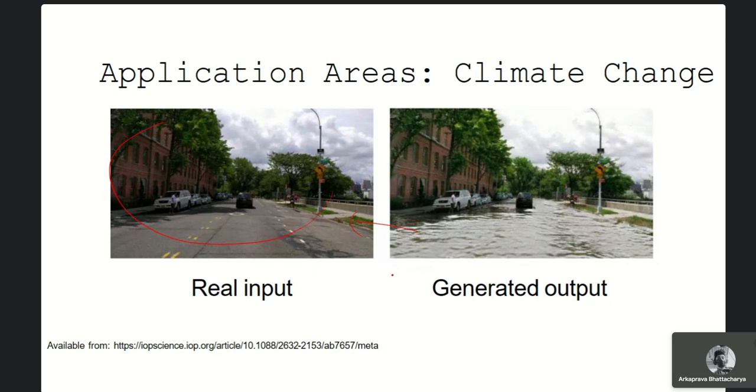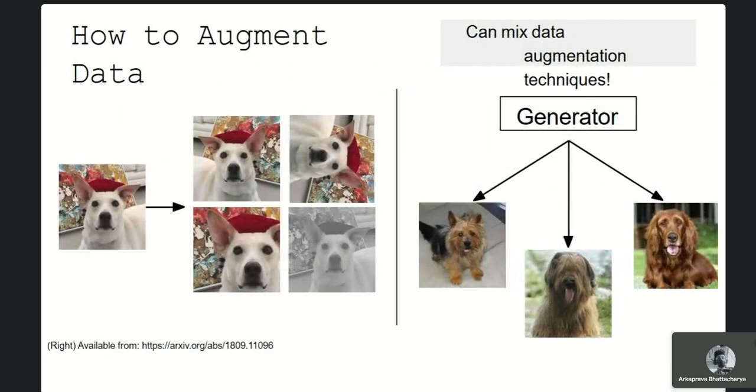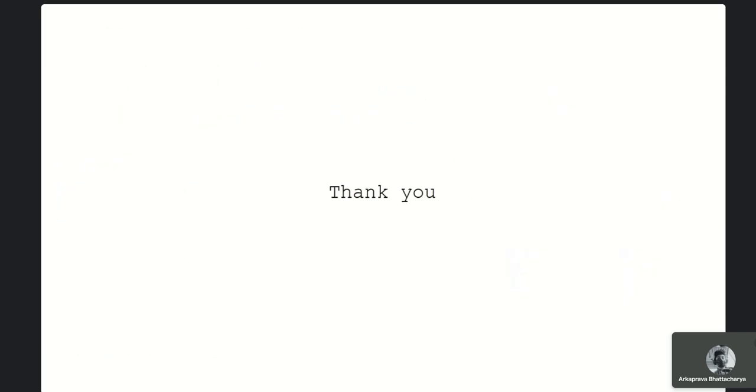So, in summary, we can say GANs can be used for image to image translation, and they can be used for many different tasks, including text, audio, and media in different modalities. With this, I would like to stop at this point, and I'll end my first presentation where I have introduced you to GANs and some of the applications of GANs.